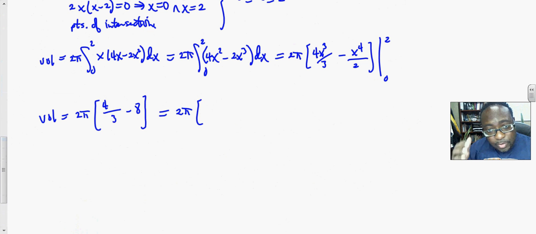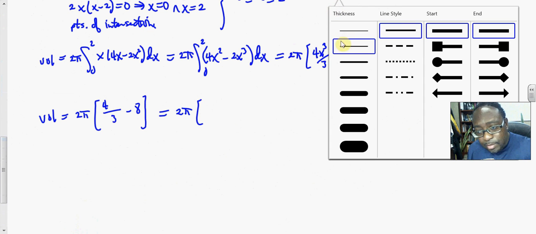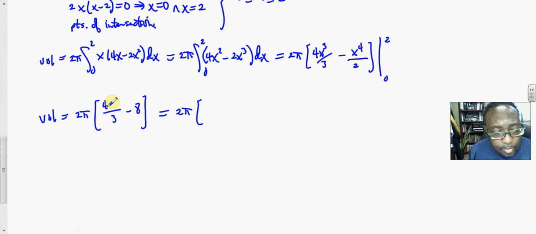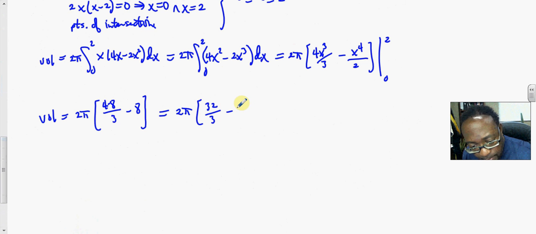I was about to say we cannot have a negative volume. So this is 4 times 8, that's better. So this is 32 over 3 minus 24 over 3.